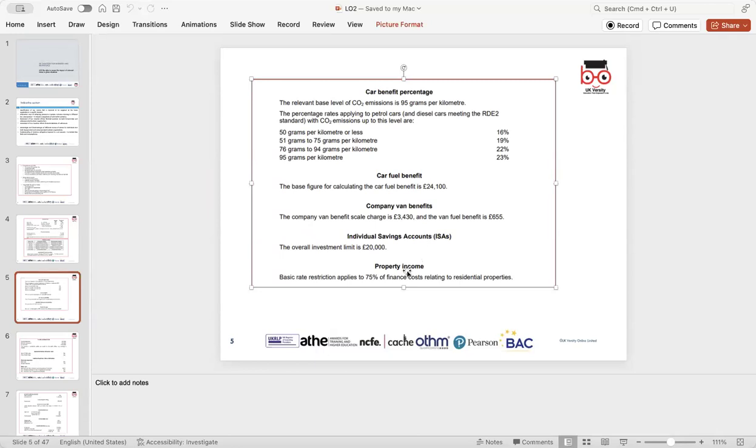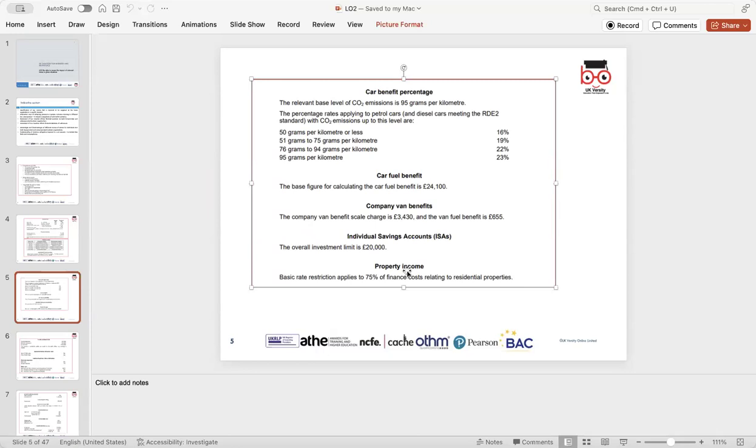Property income. If you earn rental income from residential properties, okay, last time you raised a question about it as well. Basically, if you earn rental income from residential properties, there is a basic rate restriction that applies to finance costs.